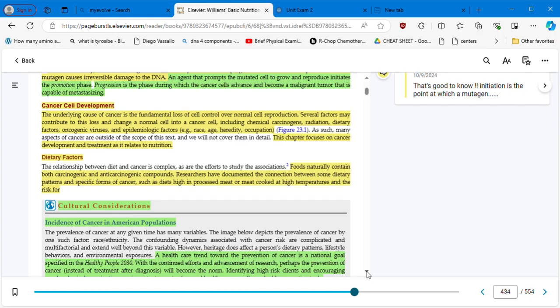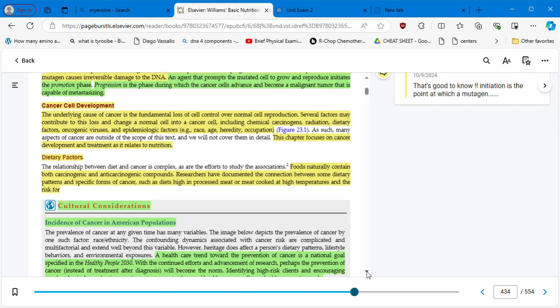Okay, chemical carcinogens, radiation, dietary factors, also carrageenan, oncogenic viruses like human papilloma virus, okay, and epidemiologic factors: race, age, heredity, occupation.